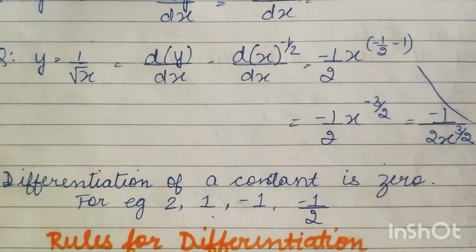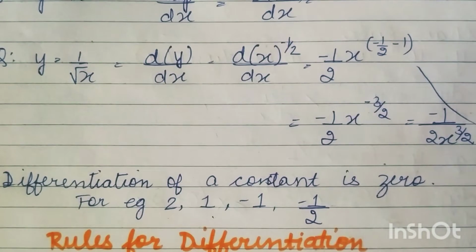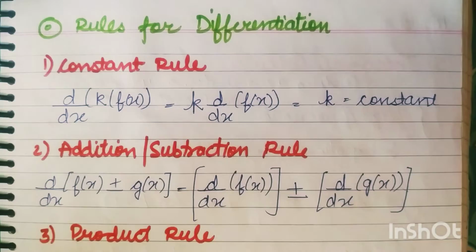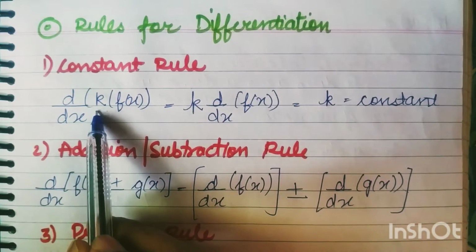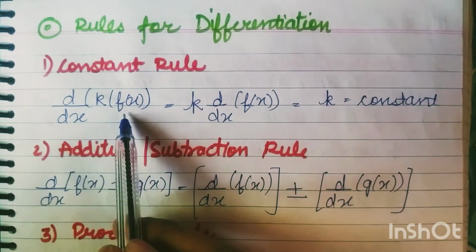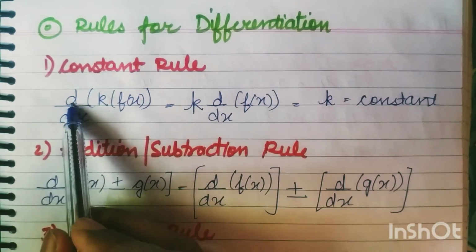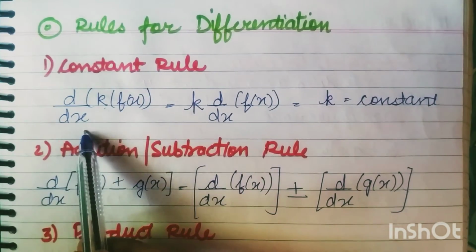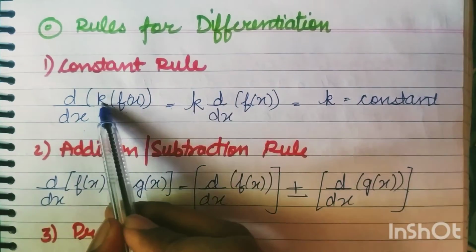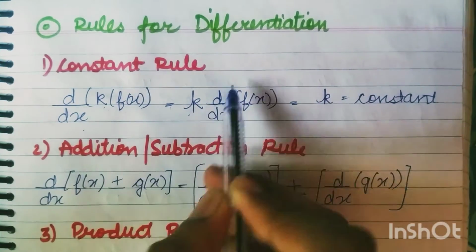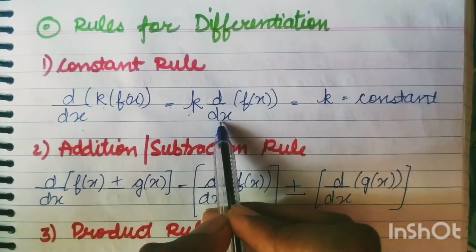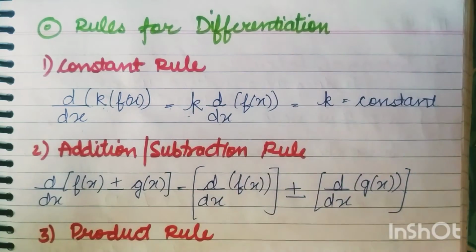Now coming to rules of differentiation, there are 5 rules for differentiation and we will see them side by side. Your first rule is the constant rule. What does this say? For example, you are given the value of y as k times f(x), where k is some constant. Differentiation of this with respect to x will be: you will bring out your k, that is your constant, before the d/dx, and then in the bracket you will place f(x).